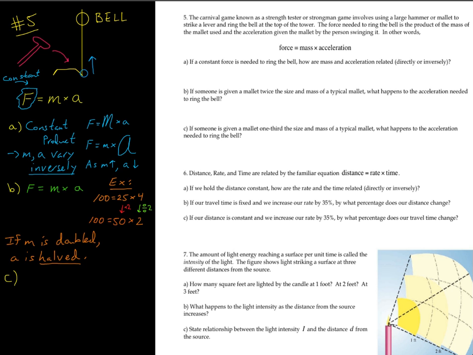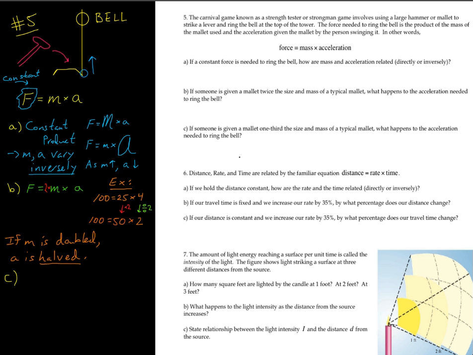And what we're doing here is doubling the mass. So I'm going to put a 2 in front of the m. So if I double the mass, what must I do to the acceleration so the left-hand side will come out to be that same constant value, say the 100 pounds?